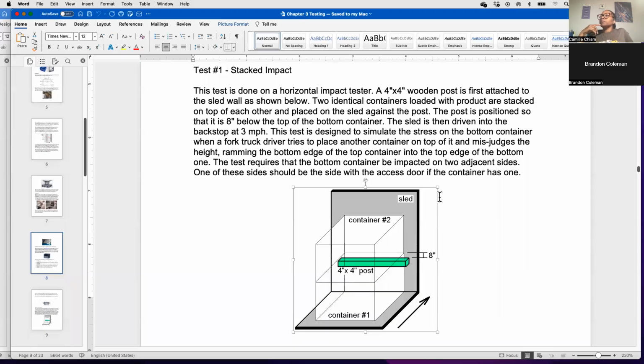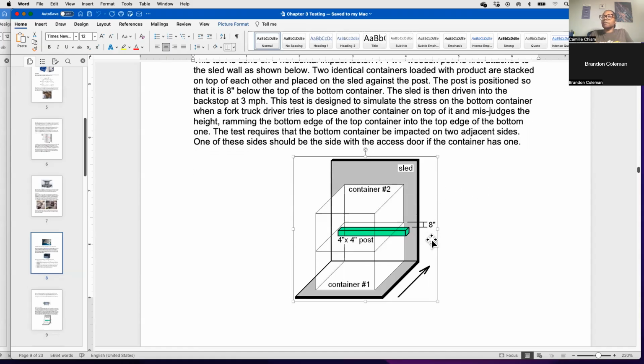And it's actually put in a very specific position because you want it to simulate what's going to happen if a fork truck driver puts another container on top of it, and then they run into another pallet or wall or post or whatever they could run into. You just want to simulate that. So that's what this simulates.